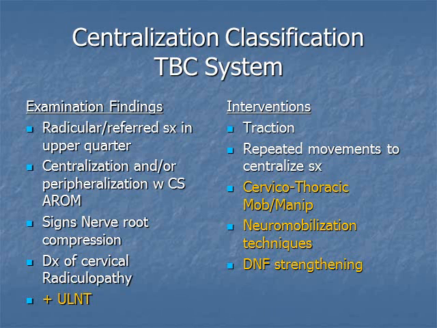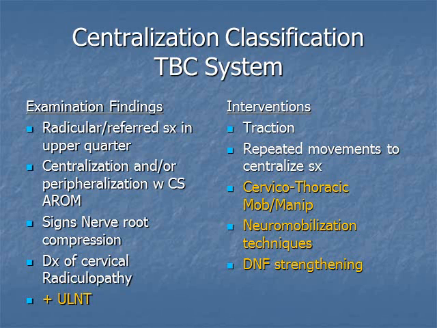Moving on to the centralization classification. Initially, this was considered the neck and arm pain or cervical radiculopathy classification, where we have examination findings that find radicular or referred symptoms in the arm, centralization or peripheralization with cervical active range of motion testing, sort of a la the McKenzie method.